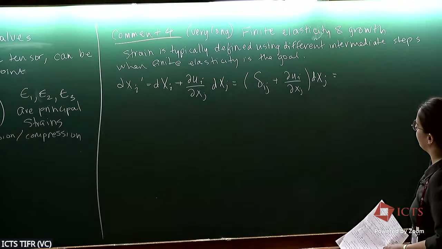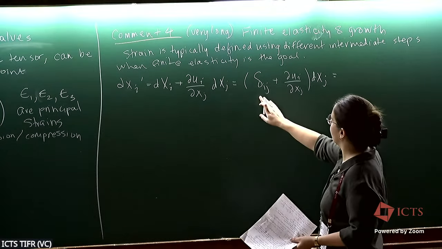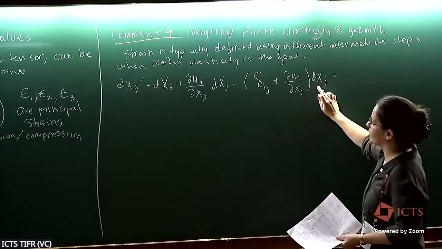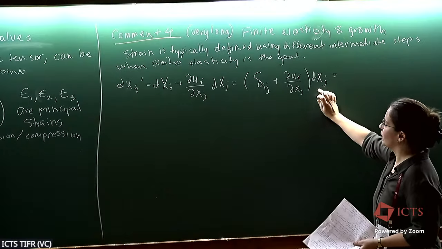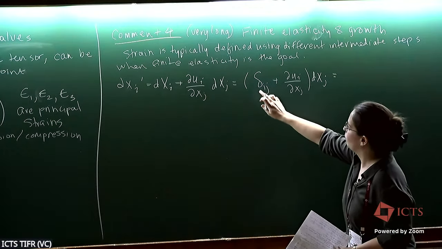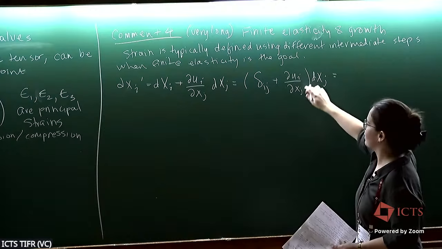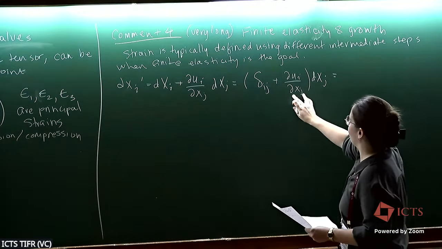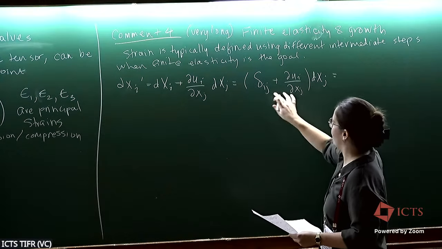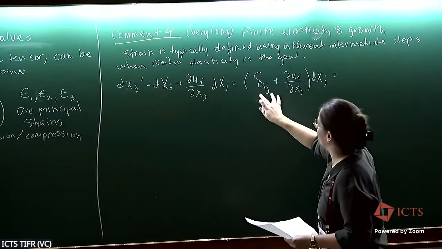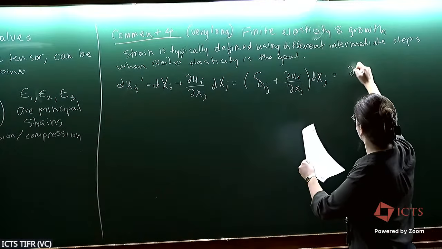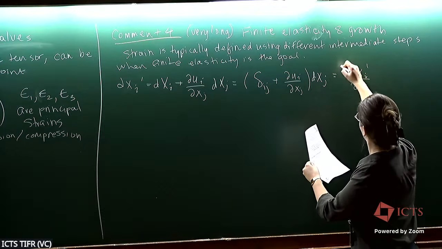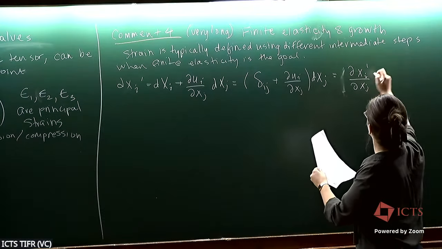Then what I'm doing here is I have a Kronecker delta, and then I still have the same dui/dxj term, and then I've pulled out this dxj. And then I realize that what is happening here is I have a 1 plus this little dui/dxj, and that is something where I can now pull this derivative over to both sides, and I can write this as dxi prime/dxj times dxj.